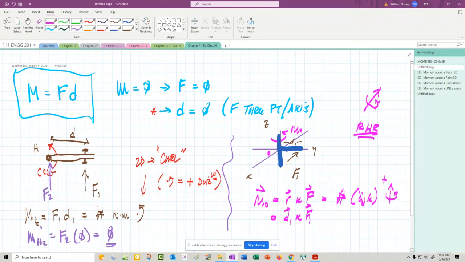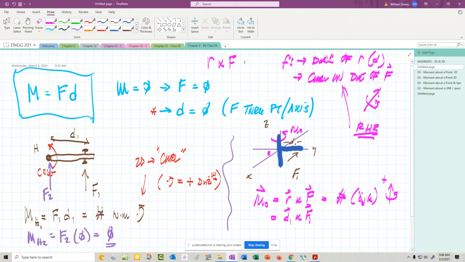And we're going to use the right-hand rule for this. Right-hand rule: fingers in the direction of R or D. And then we curl in the direction of F, because R crossed into F gives us the moment.